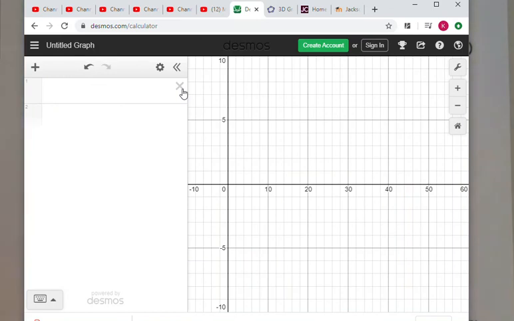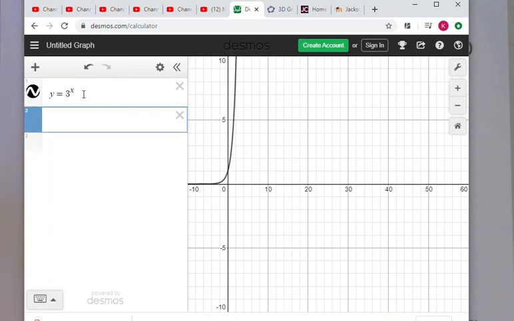So let's see. First of all, y equals 3 to the x. Oops, wasn't on there. Let's try that again. There we go. And then secondly, the right-hand side, y equals -x plus 5.